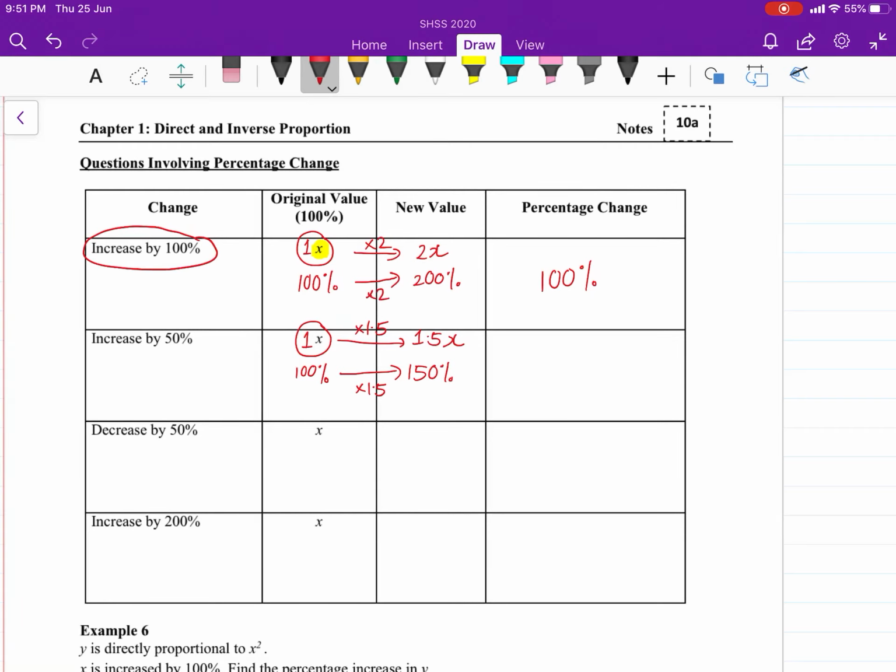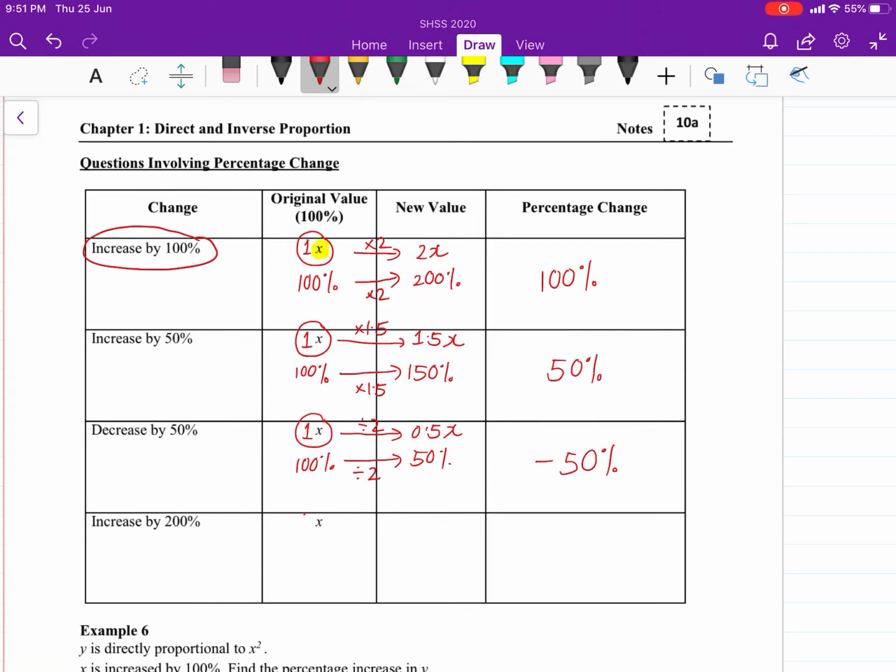So the percentage change is 50%. Same, 1x originally is 100%. If I were to decrease by 50%, it becomes 50%. And what happens here is divide by 2. This is 0.5x. So the percentage change is minus 50%.